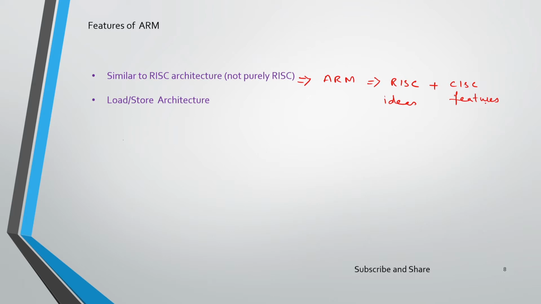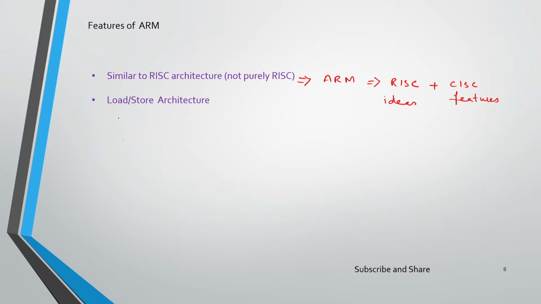This is done in order to achieve high code density, low power consumption and a smaller footprint. So ARM is definitely in the RISC family but not completely a pure RISC.